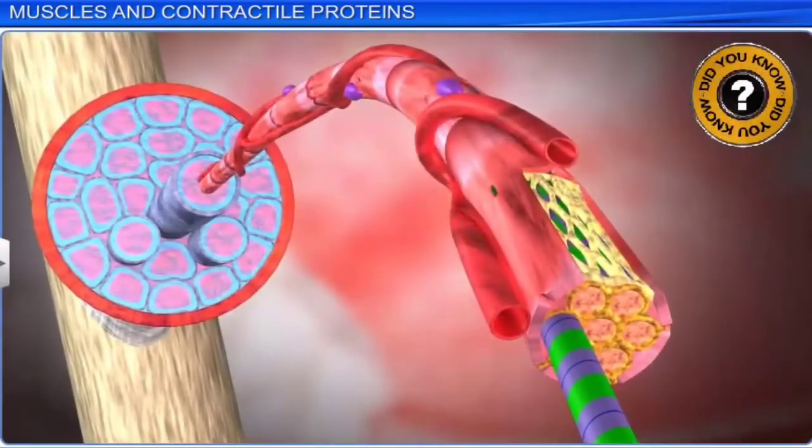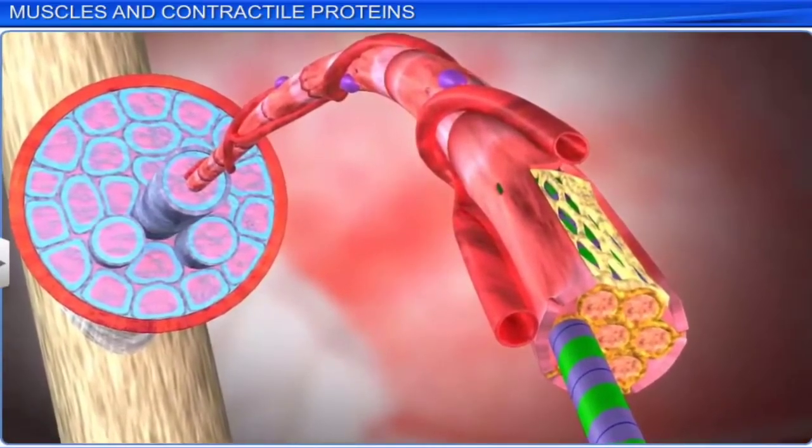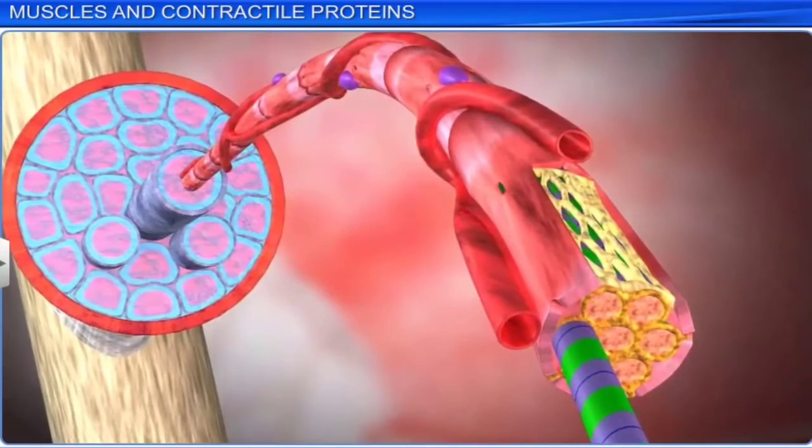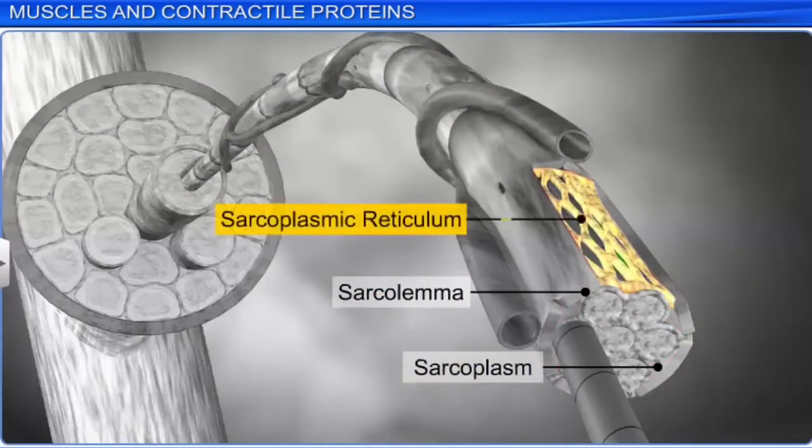Did you know that the parts of a muscle fiber have been given special names? For instance, the plasma membrane is called the sarcolemma, the cytoplasm is known as the sarcoplasm, and the endoplasmic reticulum is called the sarcoplasmic reticulum.